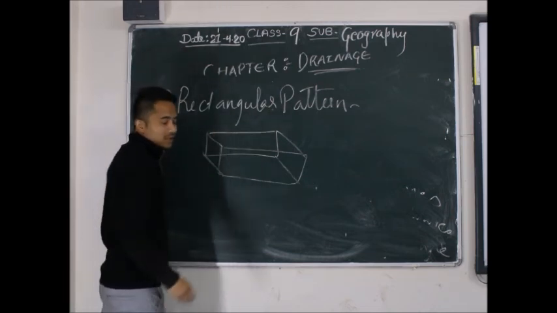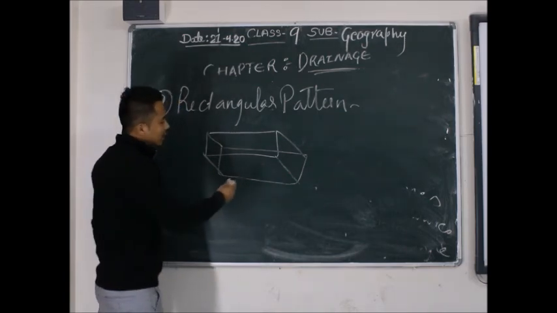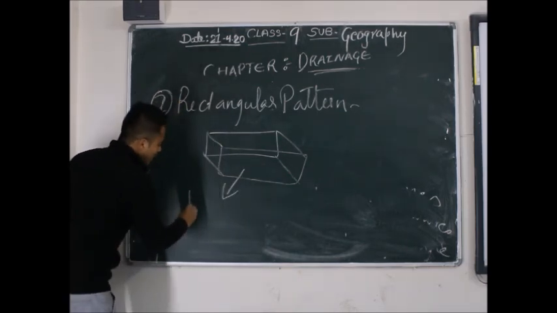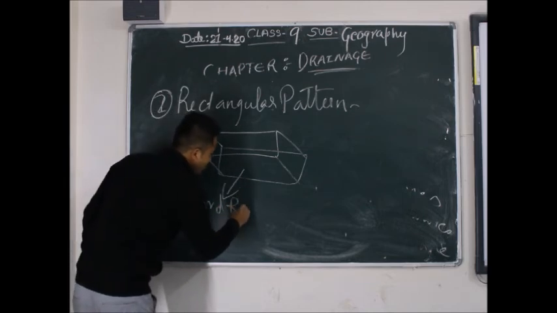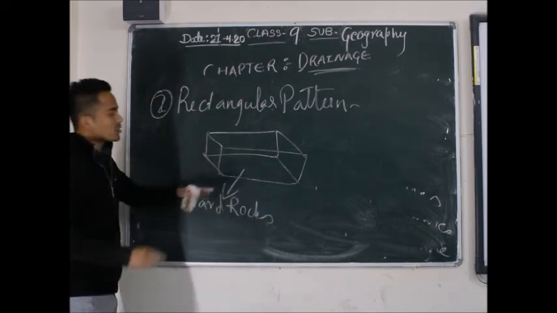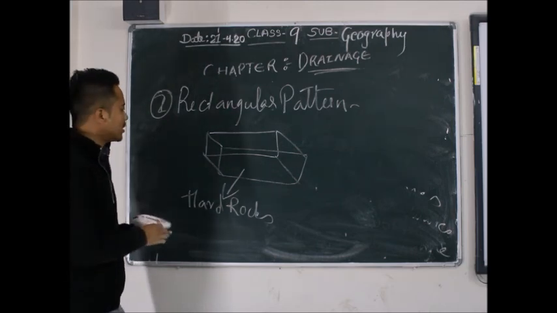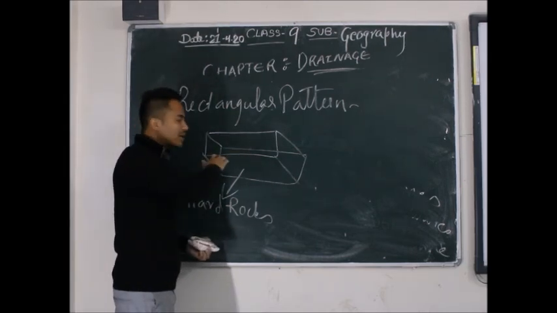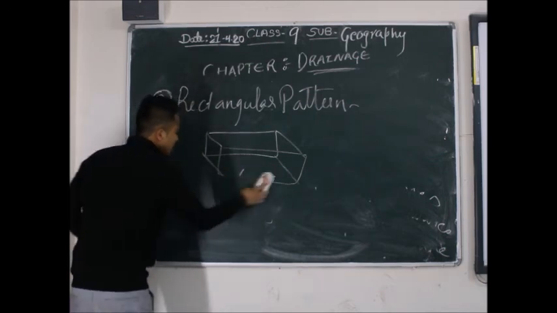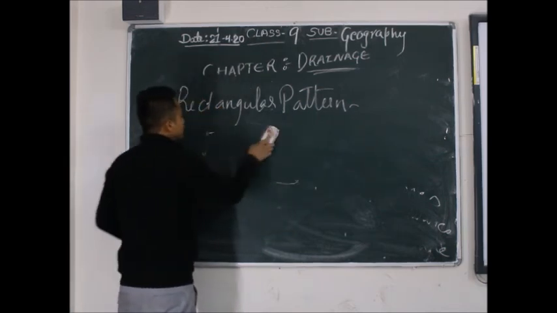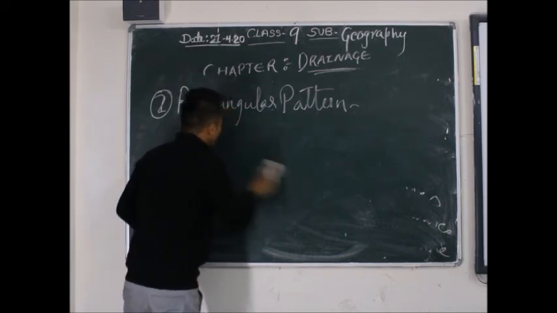And this rectangular pattern occurs in an area where hard rocks are formed in plenty. Okay, hard rocks are formed in plenty, where soft rocks are usually not present, right? Or the landform is very strong, or it's very hard to erode. In this type of landmass, this kind of rectangular pattern occurs.